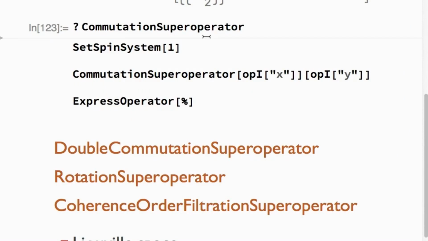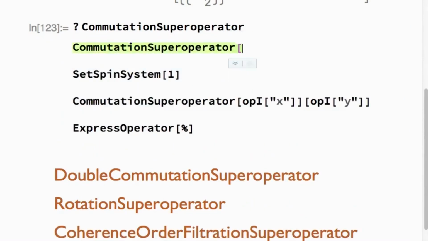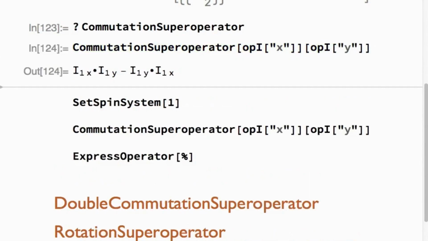For example, the commutation superoperator of Ix may be applied to another operator, in this case Iy, and the result of doing that is the commutator Ix Iy minus Iy Ix.